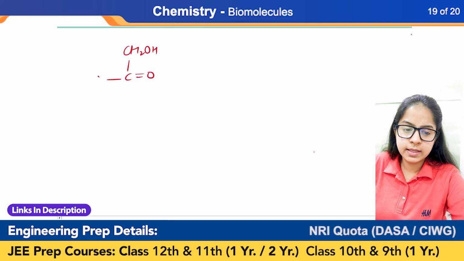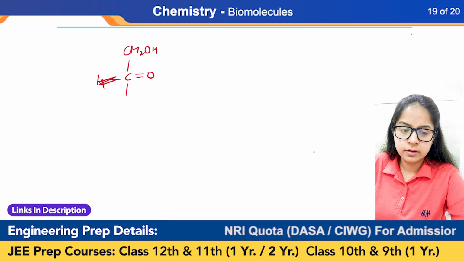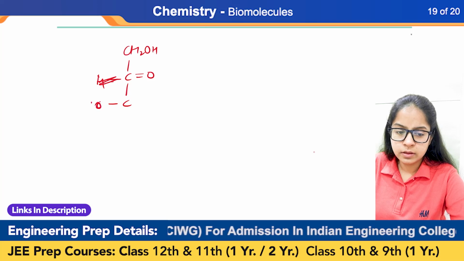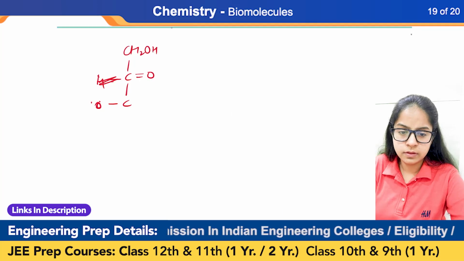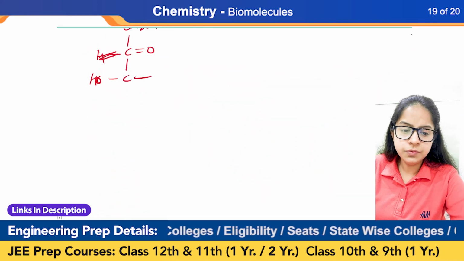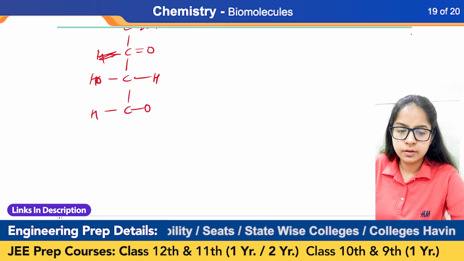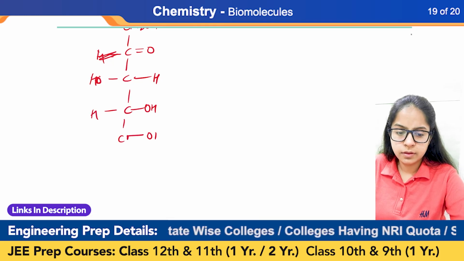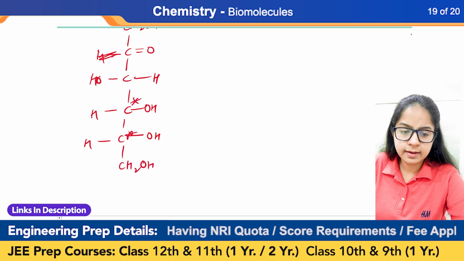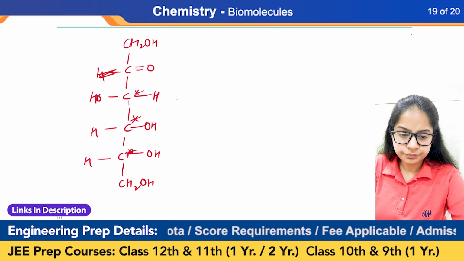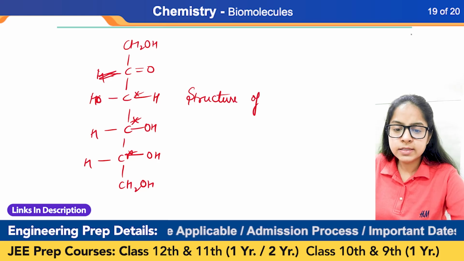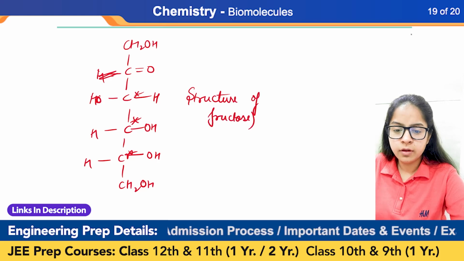Ketone structure is like this. This one is also an optically active compound. Now this is the structure of fructose. I'll explain in the next slides the structure of fructose.